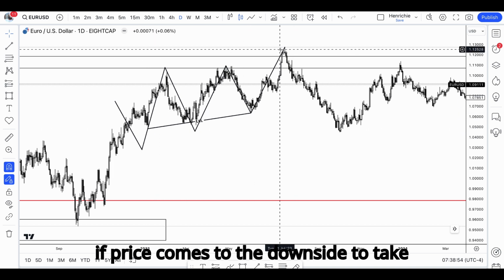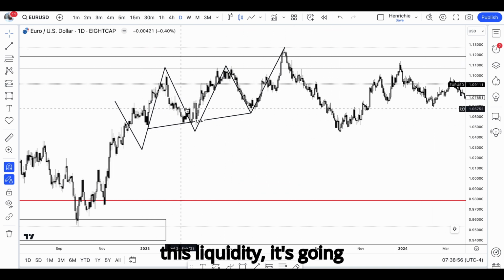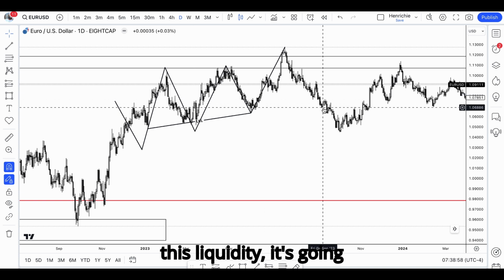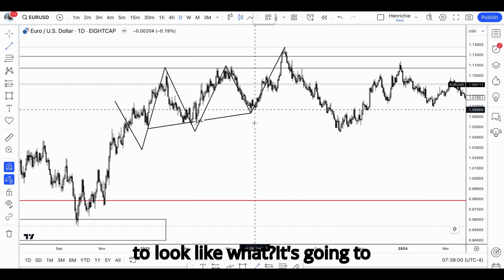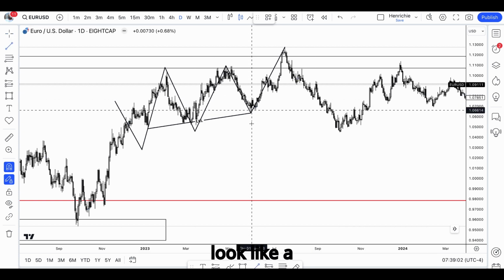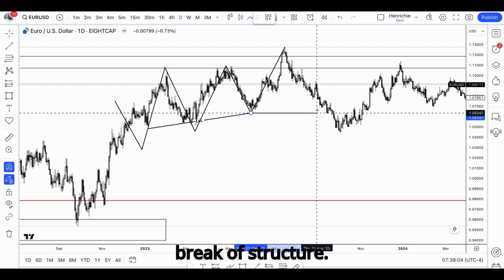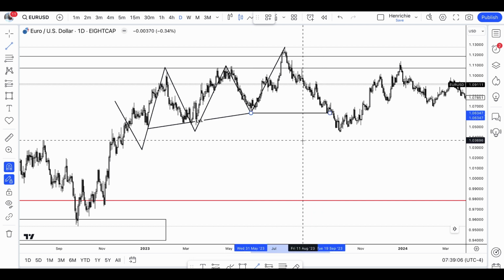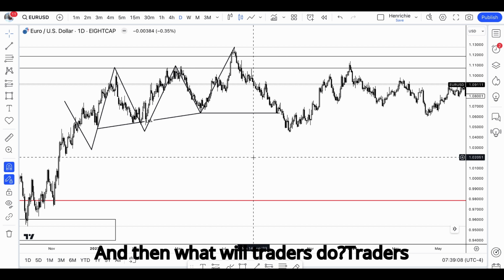And if price comes to the downside to take this liquidity, it's going to look like what? It's going to look like a break of structure. And then what will traders do?